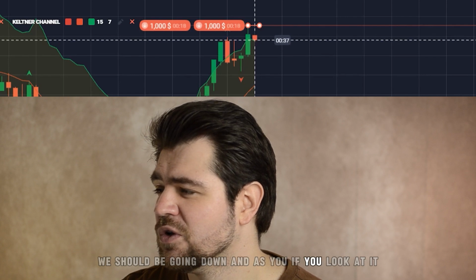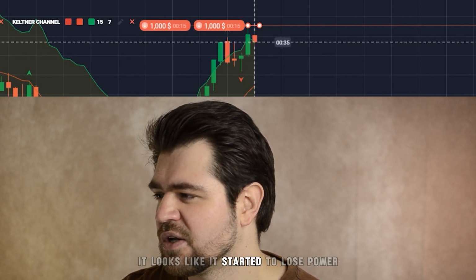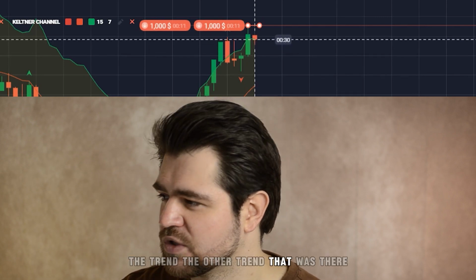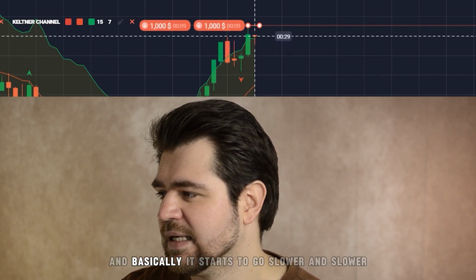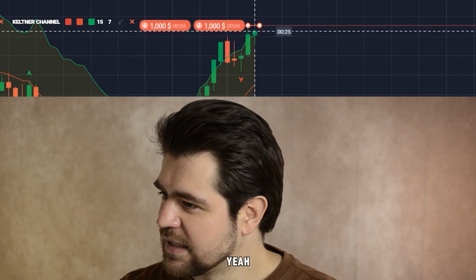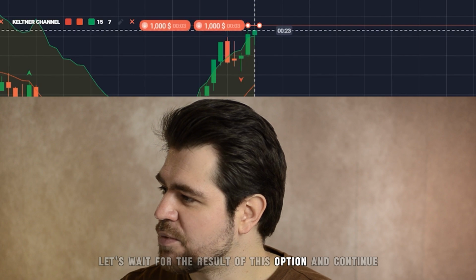And if you look at it, it looks like the upper trend that was there started to lose power, and basically it starts to go slower and slower. Yeah, let's wait for the result of this option and continue.